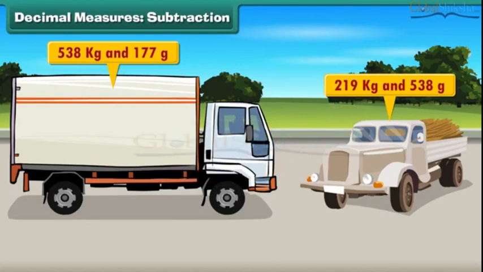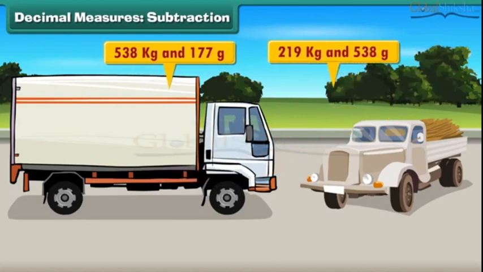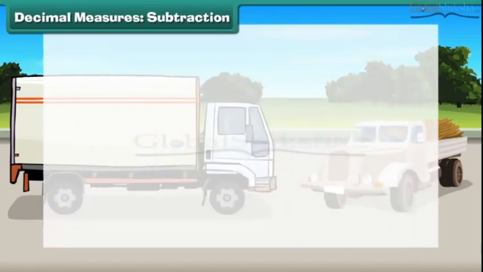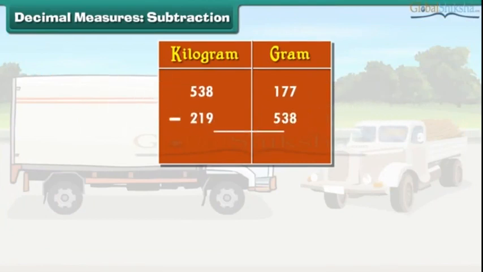We can find the extra load in the first truck by subtracting the second quantity from the first, in the same way as used in the case of addition. Since 538 grams cannot be subtracted from 177 grams, 1 kilogram is borrowed from 538 kilograms. It is converted into grams and added to 177 grams to get 1177 grams.